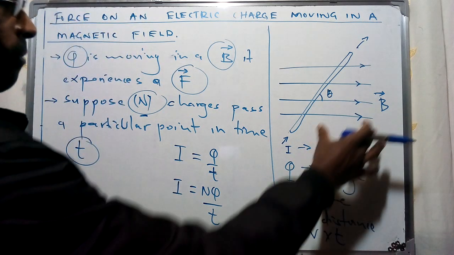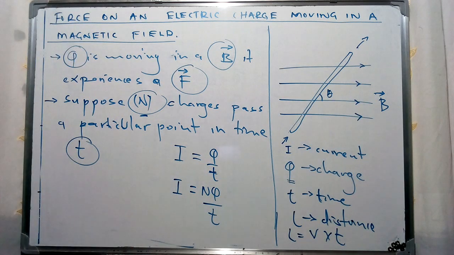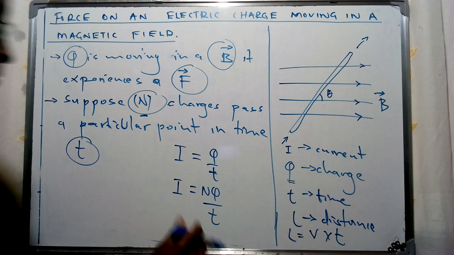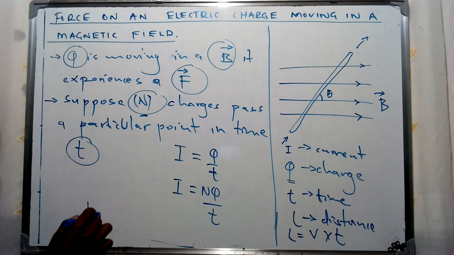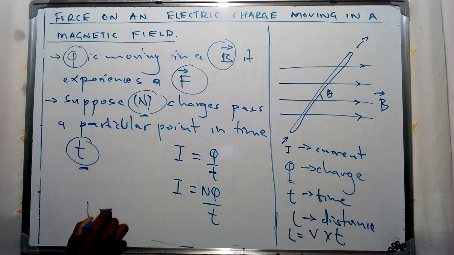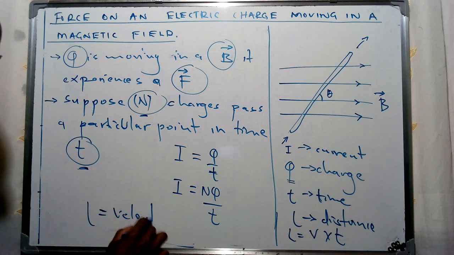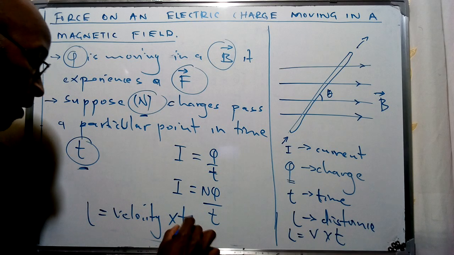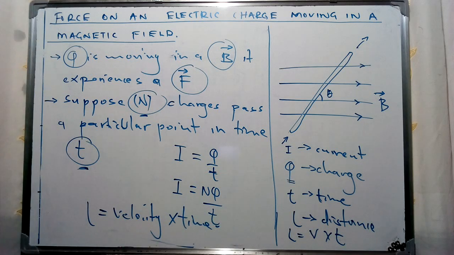Therefore, we can consider the velocity aspect of this specific particle that is going to move in this magnetic field. Therefore, we can give the length covered by this particular charge in this time t as the product of velocity times time, and therefore give us a relationship of this specific nature, whereby we're going to have L as a product of v times time.